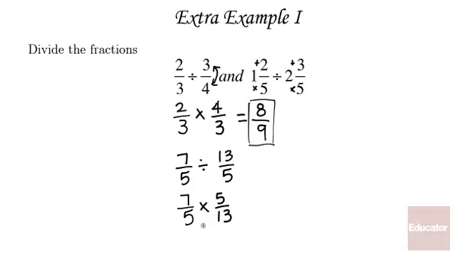And remember from last lesson, if I have this problem right here, I can see if a number from the top and a number from the bottom can simplify if they have common factors. So 7 and 13 have no common factors because they're both prime. 7 is a prime number and 13 is a prime number, so the only common factor between them would be 1.